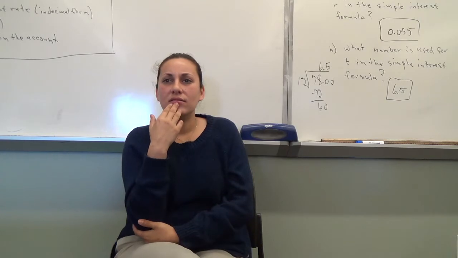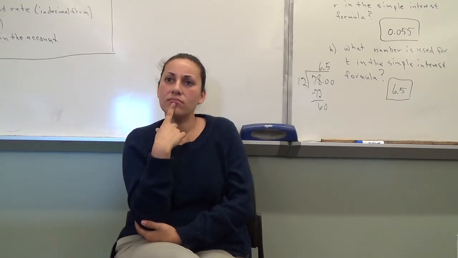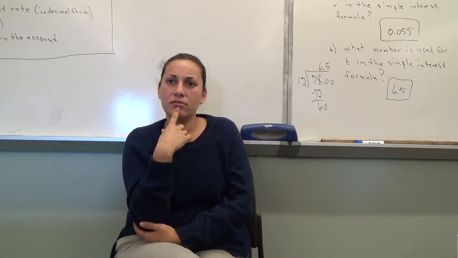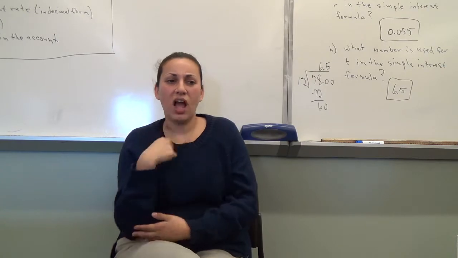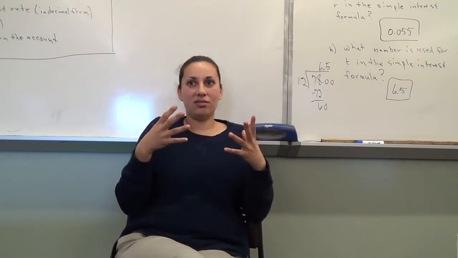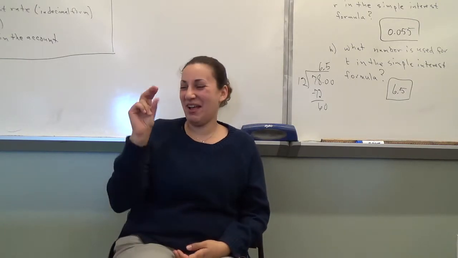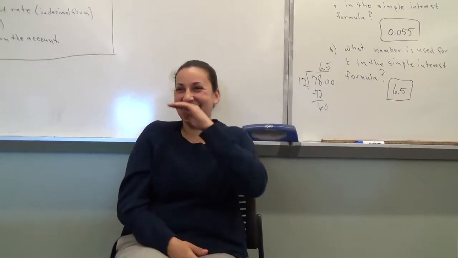Now, if we wanted to change this, we could just talk our way through it. If we wanted to change this to compounded monthly, what would that be? N equals 12.